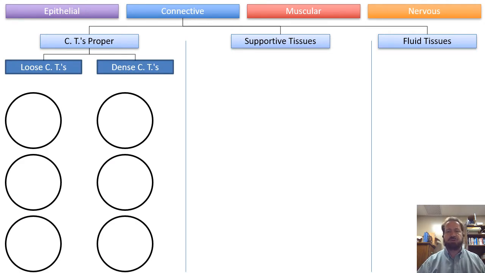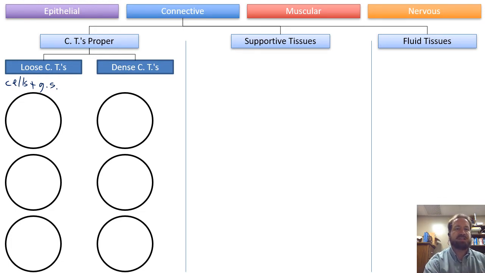We again have two categories, loose connective tissue and dense connective tissue. Again, as I've said, anatomists love to categorize things. So what is it that makes a tissue loose or dense? Loose connective tissues have mostly cells plus ground substance, okay? Whereas dense connective tissues are denser.